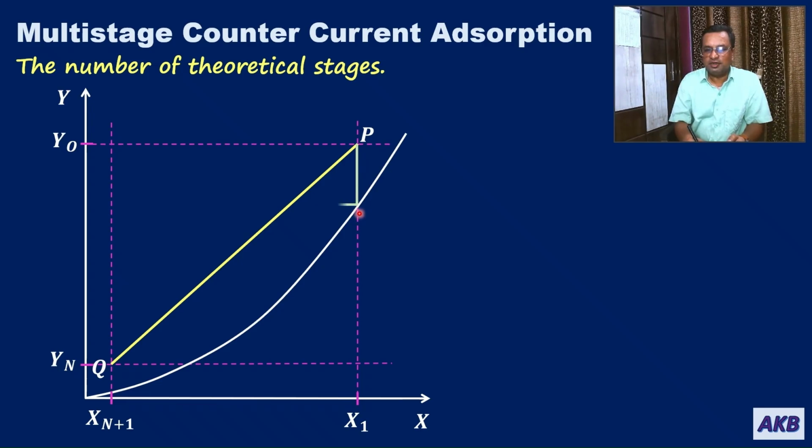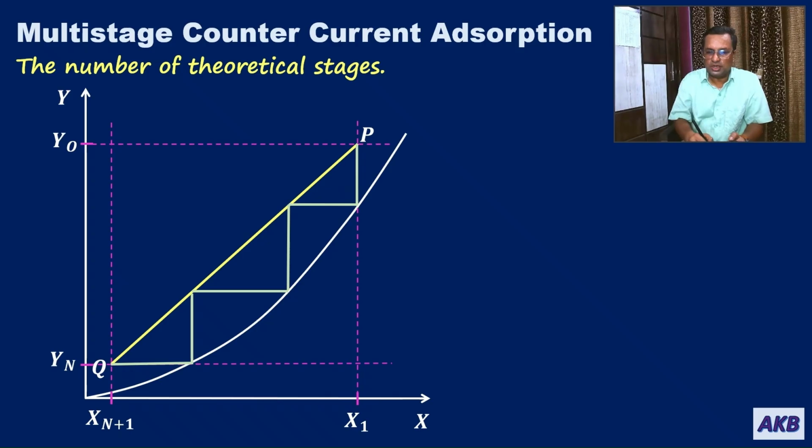Once you reach the equilibrium curve, you will be traveling horizontally to reach the operating line, then vertically to the equilibrium curve, horizontally to the operating line, vertically to the equilibrium curve, and finally horizontally to the operating line. So in this way, you can draw the number of stages that are present in the counter current cascade.